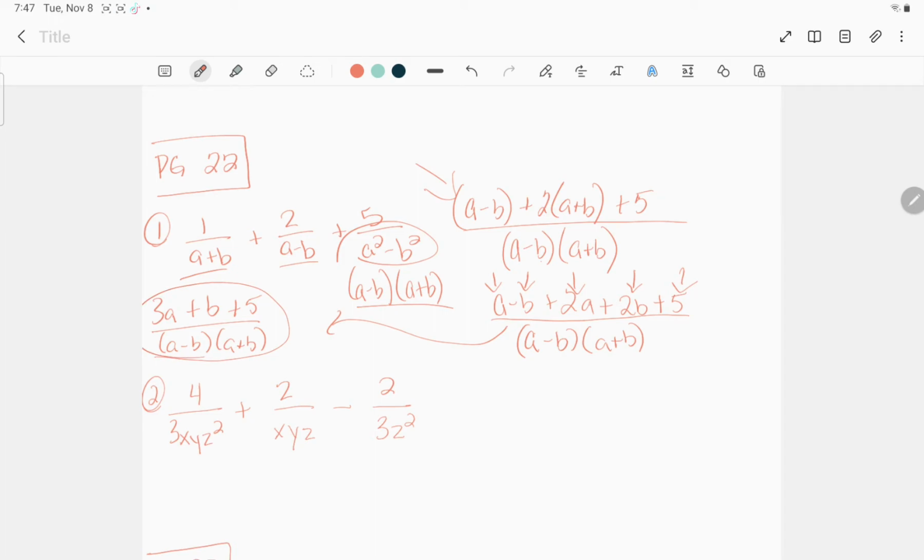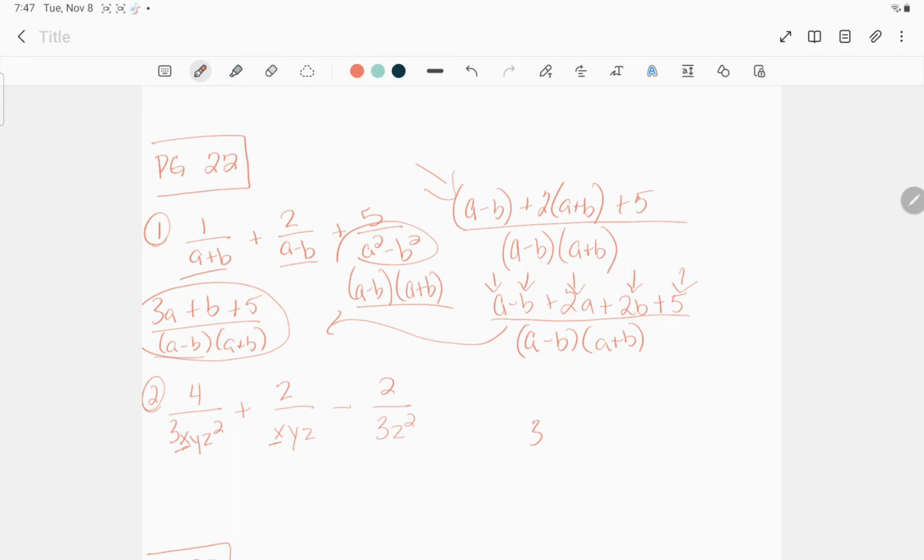Okay, so now going down here to number 2. What is my least common multiple between all three of these terms? 3xyz squared, xyz, and 3z squared. Okay, so I have a 3 that shows up in 2 of these. So I know one of them is going to be a 3. I have an x here, and I have an x here.